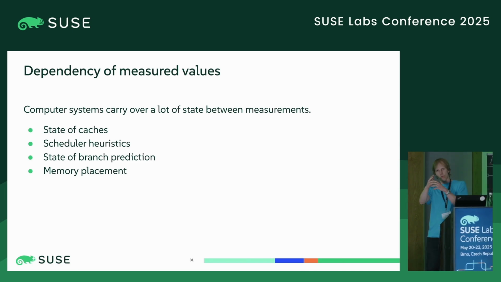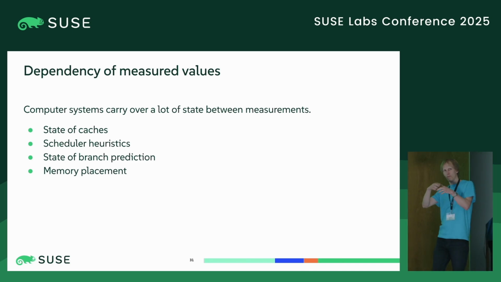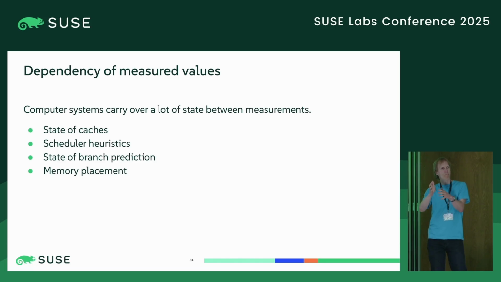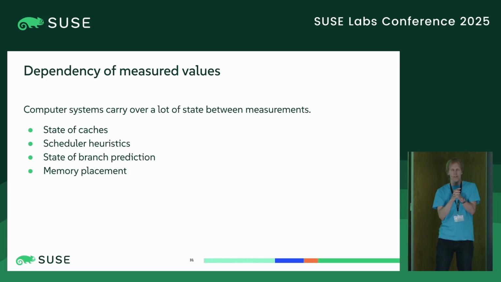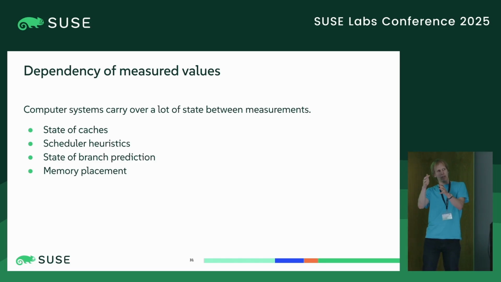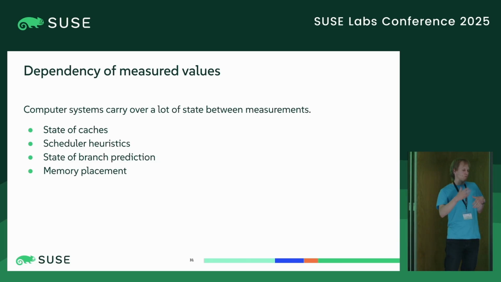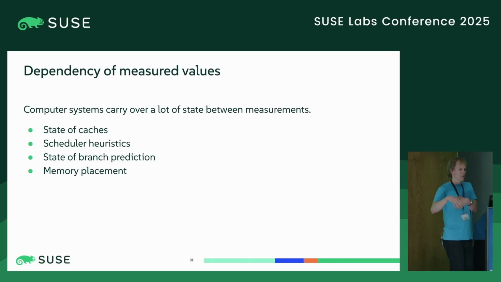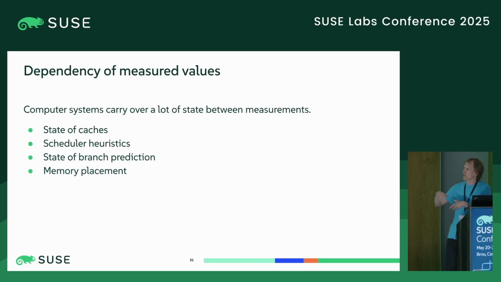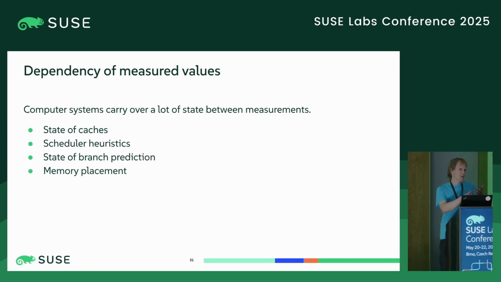Because if you do one measurement, then the result of the second measurement you do very much depends on the value of the first one. There is a lot of system state that's carried over from the moment you do the first measurement to the moment you do the second measurement. So there is the state of system caches carried over, the state of the scheduler heuristics, what has happened in the past on the system is carried over. The CPU state is carried over.